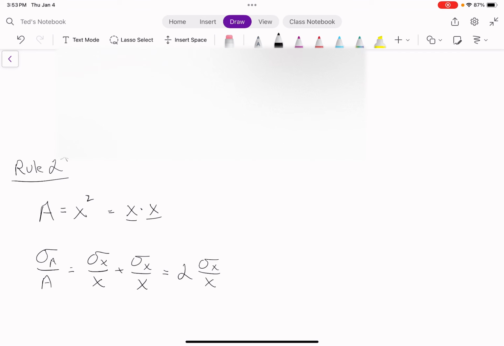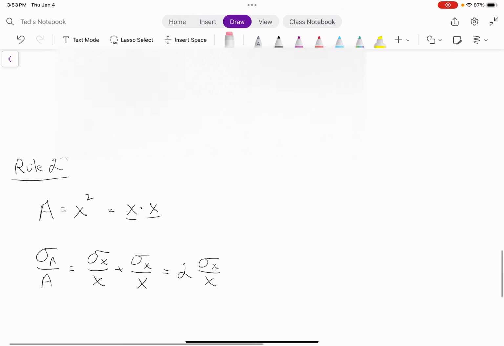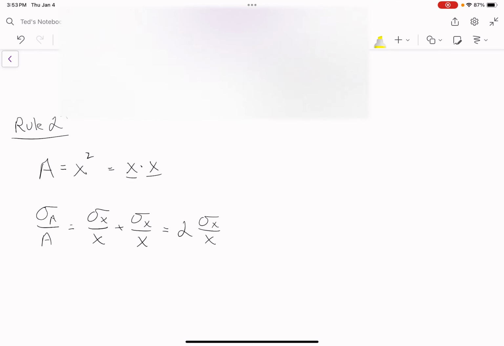So you can kind of see when there's a power here, it becomes a coefficient in front of the uncertainty in x over x. So let me do another quick example. And that says kinetic energy is equal to 1/2 mass times velocity squared.